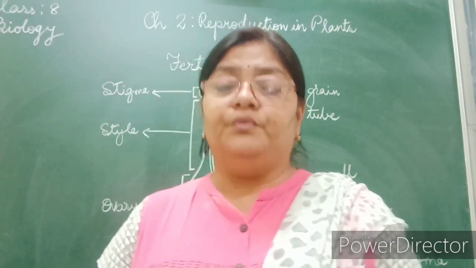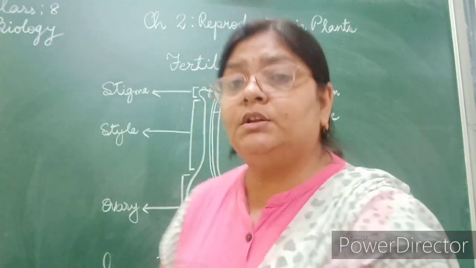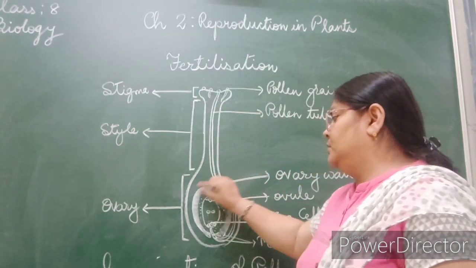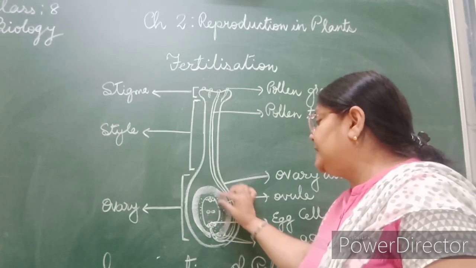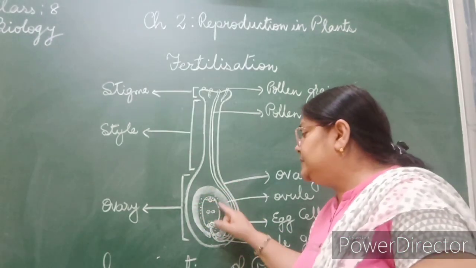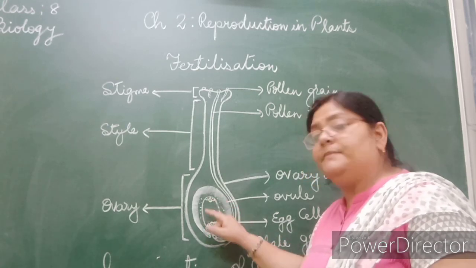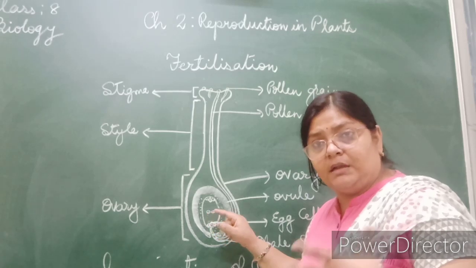Now talking about the ovule, that is the female gamete. The ovule has two protective layers called integuments. Then it has a mass of cells which is nutritive. Then inside it there is an embryo sac, that holds the baby plant later on.